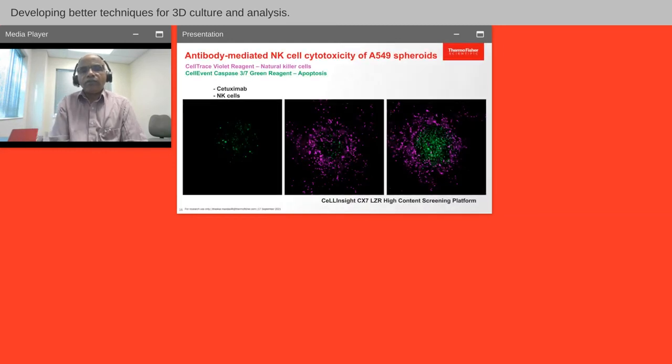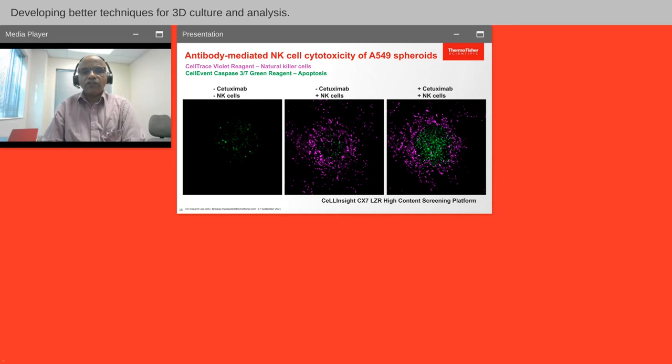Here is an example where we have grown A549 spheroids and then added NK cells with or without cetuximab drug. Cetuximab is an anti-EGFR drug, which kills the cancer cells by specifically inhibiting the proliferation of cancer cells.